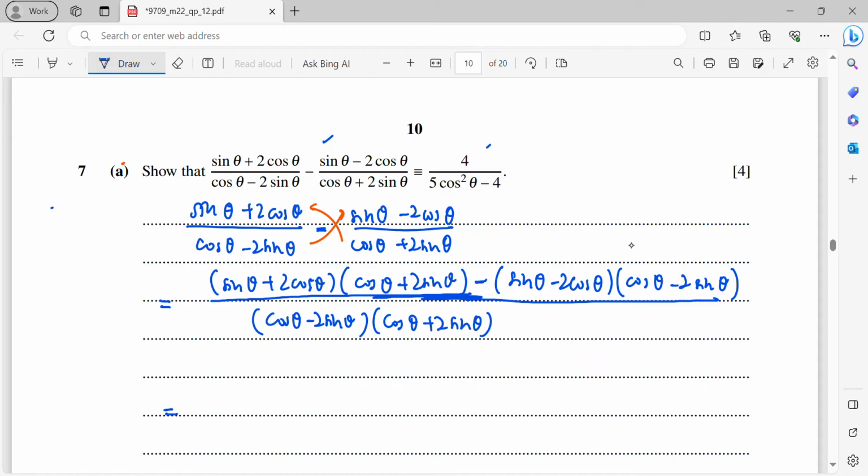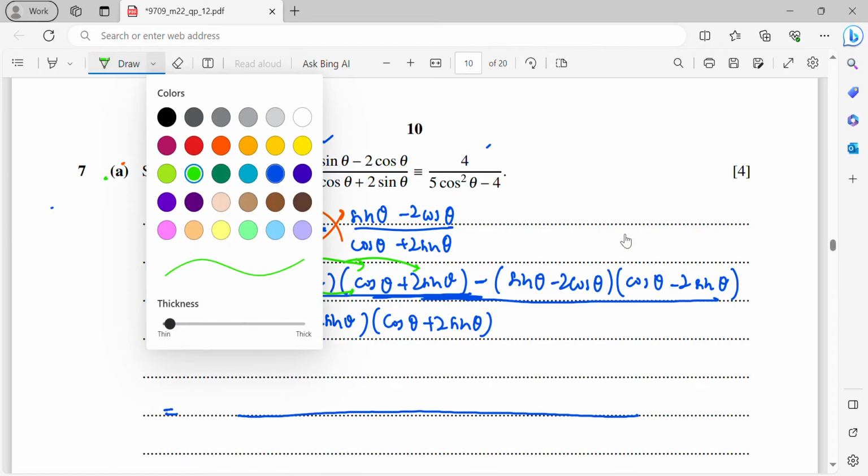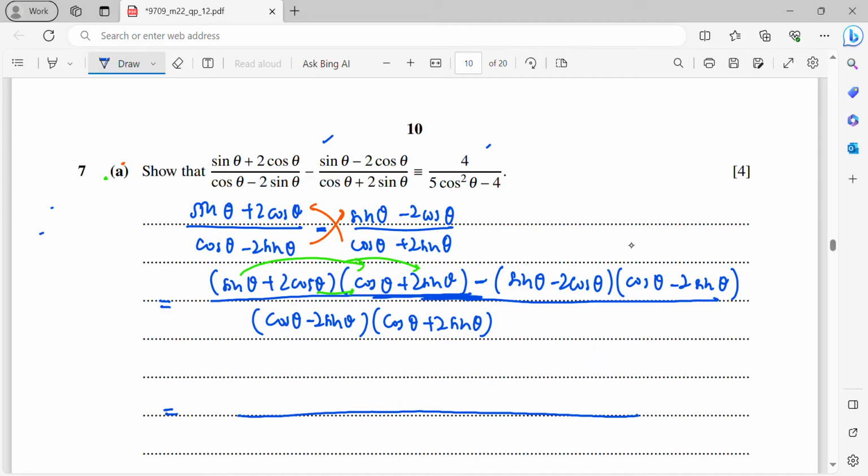So I will write here. Now we just do one by one. Sine theta times the whole bracket followed by the 2 cos theta times the whole bracket. Then you will get sine theta cos theta plus sine theta times 2 sine theta is 2 sine squared theta. Then the 2 cos theta times cos theta, it will be 2 cos squared theta. So the 2 cos times 2 sine, it will be 4 sine theta cos theta.